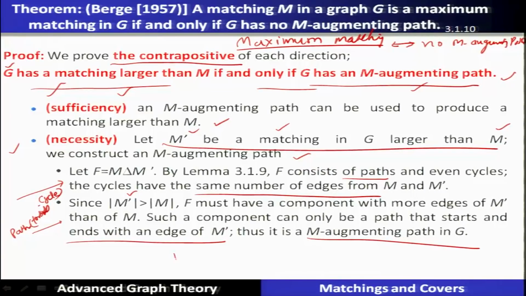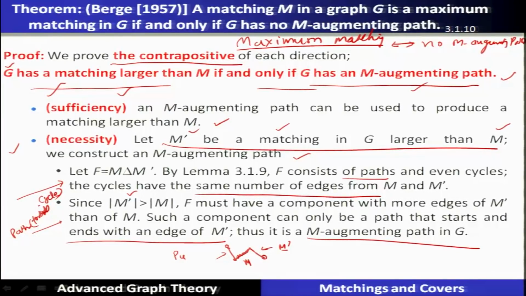So, take this particular example, the P4 example, again. This is M and these edges will become M prime. That means the augmenting path will start from a vertex with an edge of M prime and then alternate with the edge of M and then again the edge of M prime.